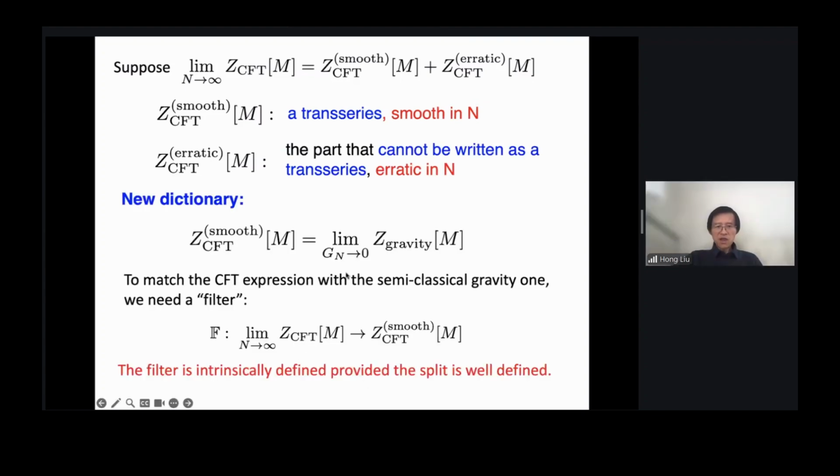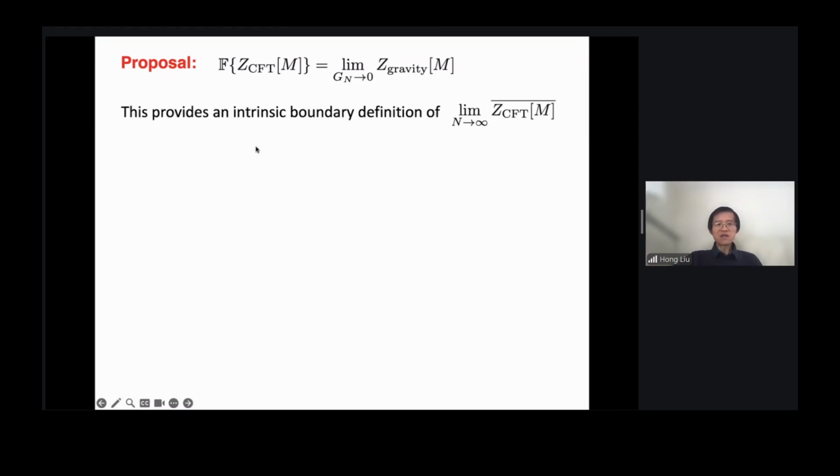So now, if something like this exists, then we have to apply a filter in order to compare with the gravity side. To summarize, the one-step proposal is that the filtered CFT partition function, in the Lorentzian limit, is identified with the gravitational one. This then provides an intrinsic boundary definition of what people call the average, which has so far only been defined through gravity.